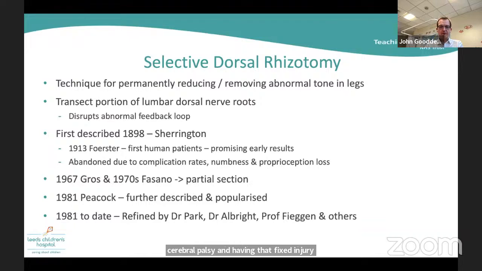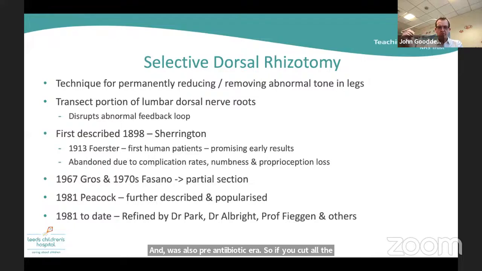Selective dorsal rhizotomy has been around for a long time. It was first described in the cat model of cerebral palsy by Professor Charles Sherrington in 1898. The first human patients were reported by Uhtred Foster in 1913, but that was cutting all the sensory nerves and was also in the pre-antibiotic era. If you cut all the sensory nerves, you end up with loss of proprioception.